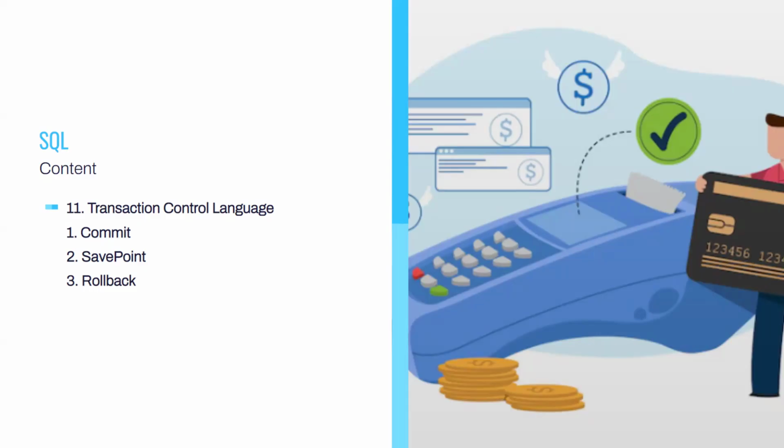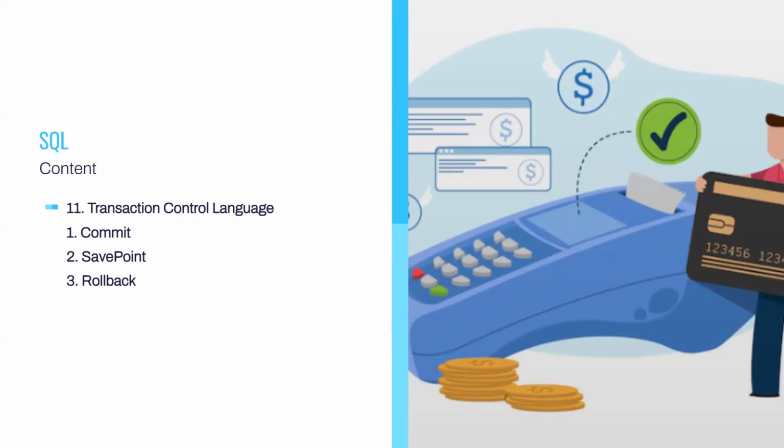Then what is rollback? You did some transaction on your database, so it generates some record. That record you don't want to store in your table, that you want to delete or remove. To do that, you have to use the rollback.